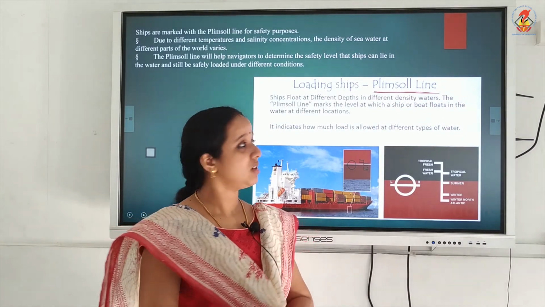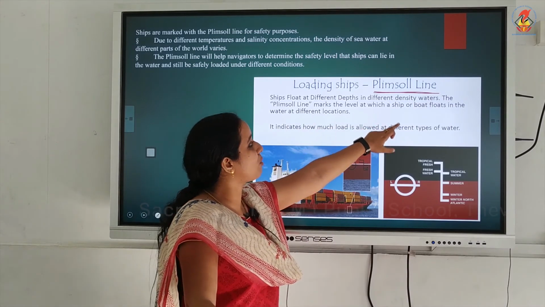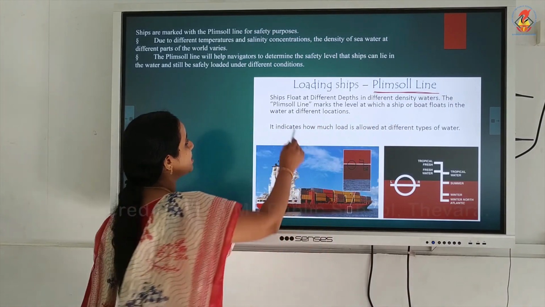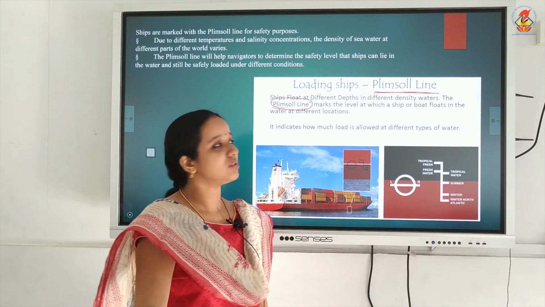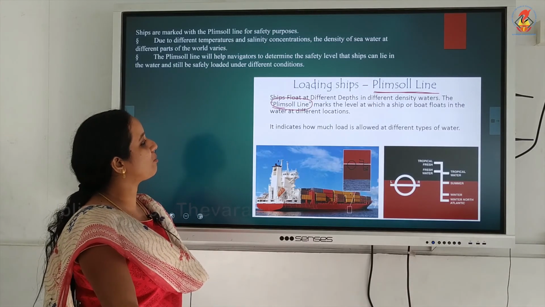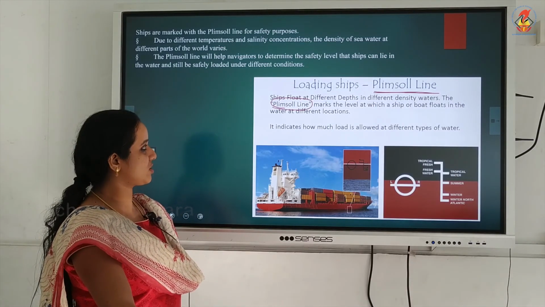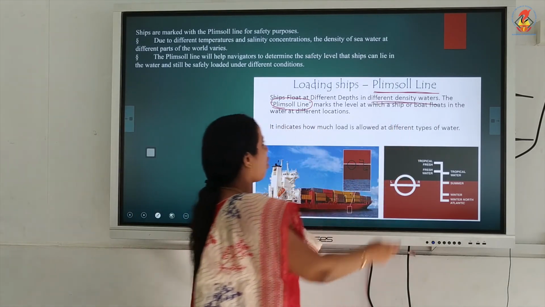So, to get an accurate level at which a ship or boat floats, we have a safety line called the Plimsoll line on the ship, and it determines the level at which a ship or boat floats depending upon the density of water.